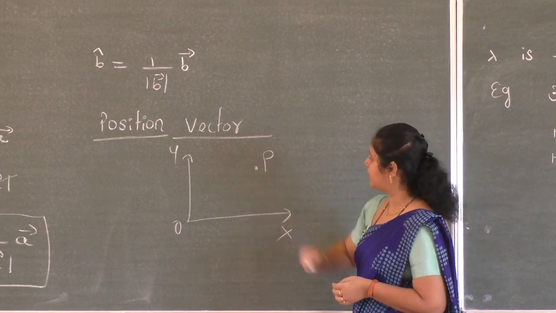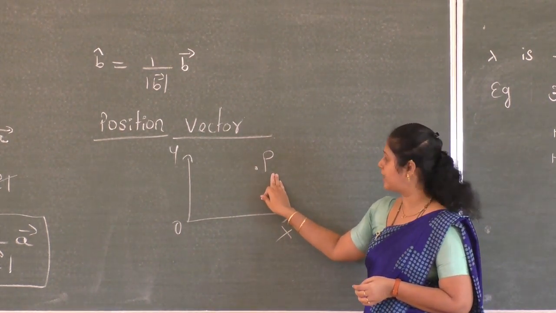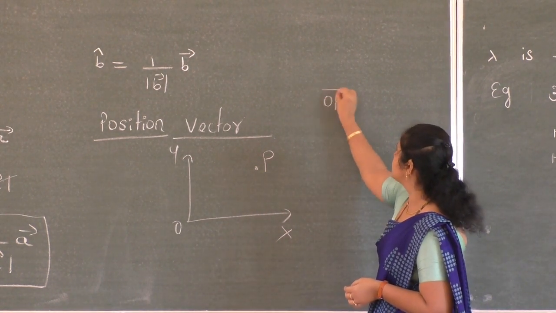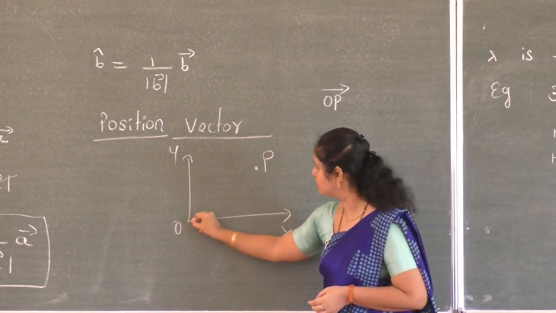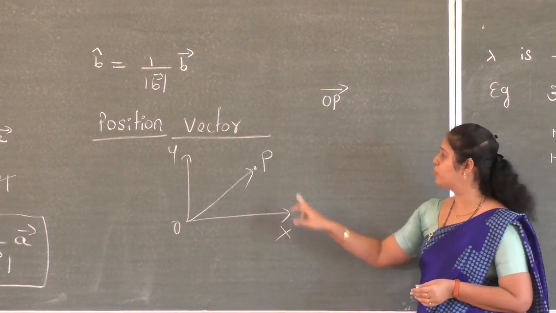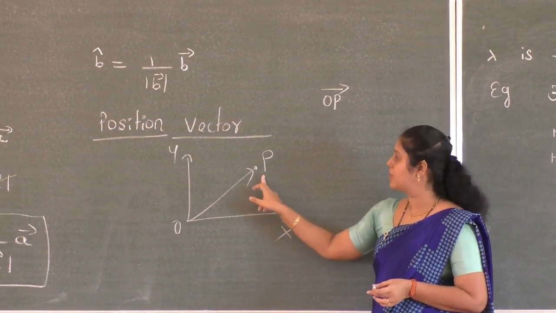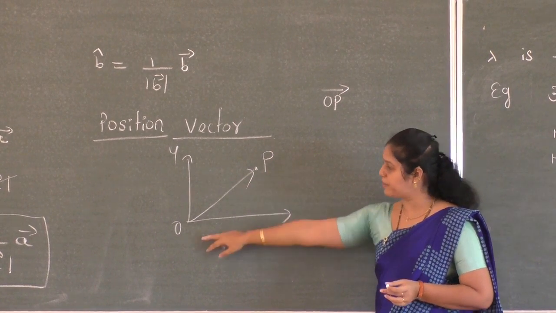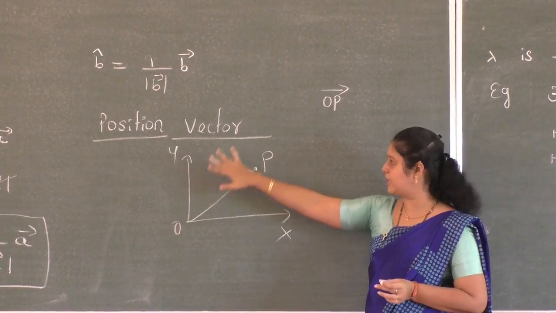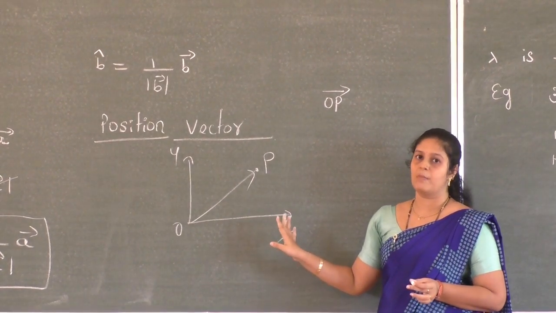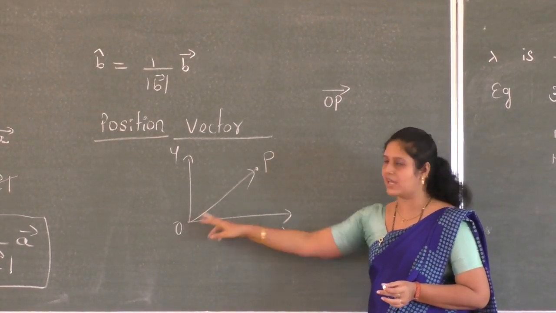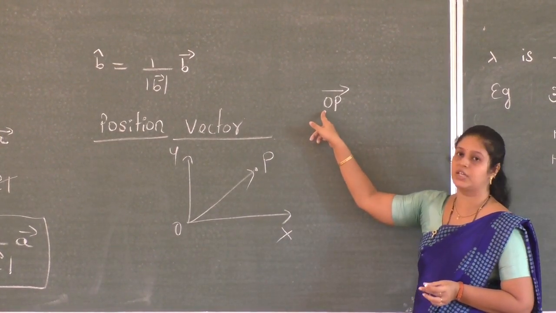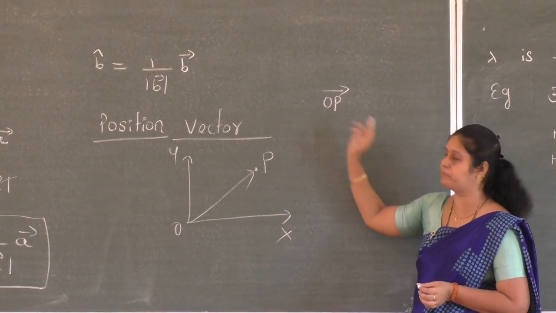That means, by taking P as the terminal point, with respect to the origin. There are many points in the 2D plane. By taking all those points as the terminal points and the origin as the initial point, we write the position vector. So vector OP is the position vector of P.